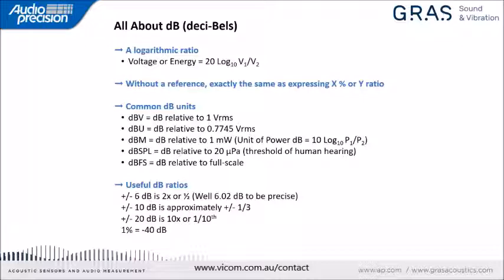One thing to be aware of is because in power dissipation we have an extra square function, that means that the logarithmic ratio is 10 log instead of 20 log.